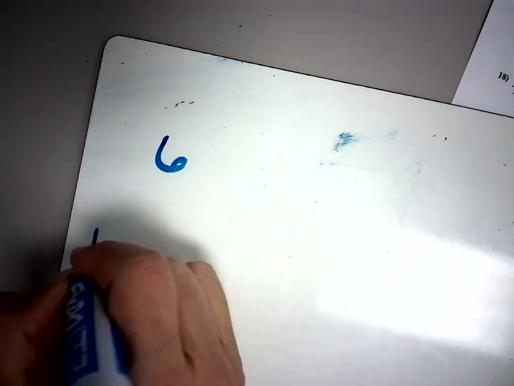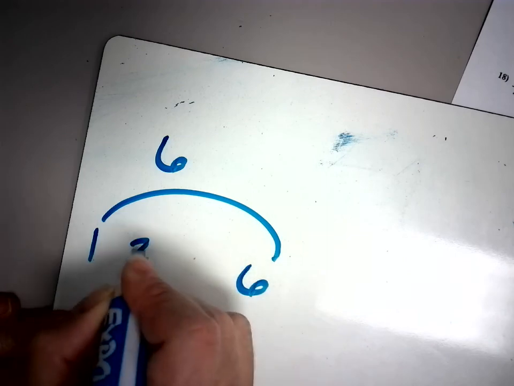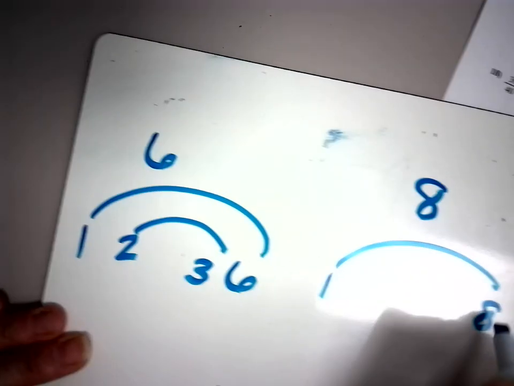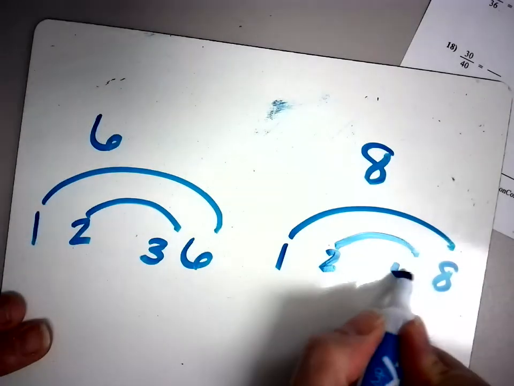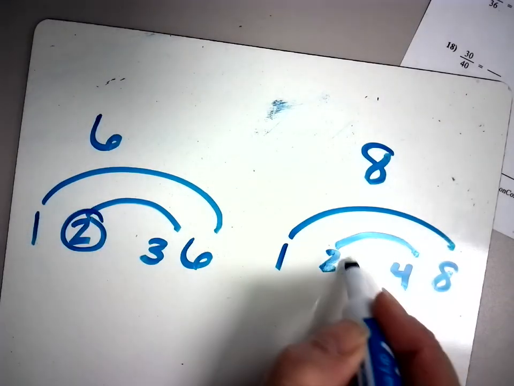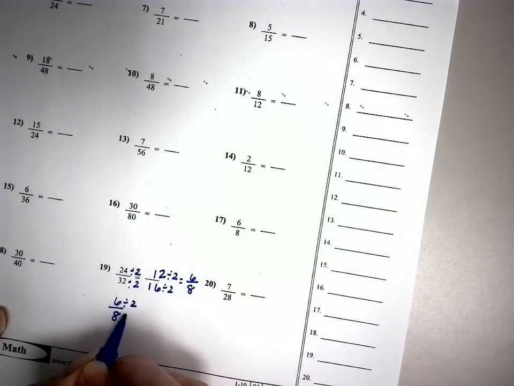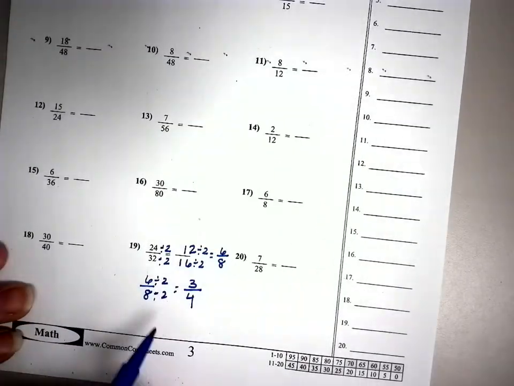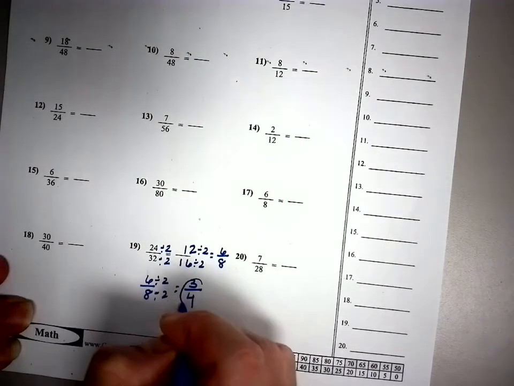So I have 6 is 1 times 6, 2 times 3, 8 is 1 times 8, and 2 times 4. The greatest factor they have in common is a 2, so I can divide by 2 again, and that gives me 3/4, and that is in simplest form.